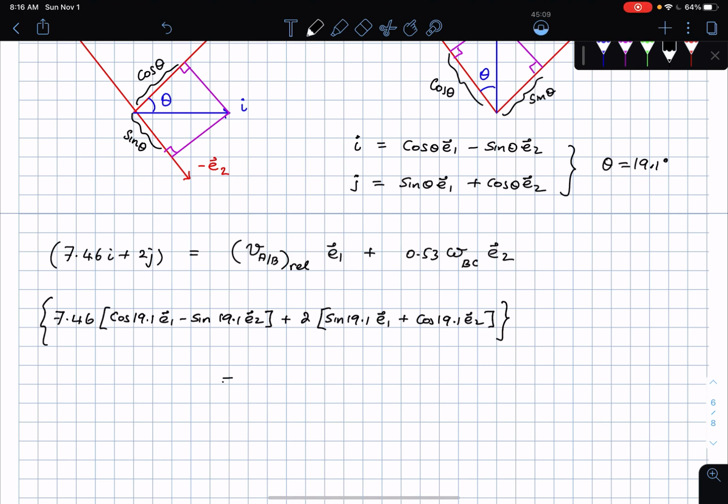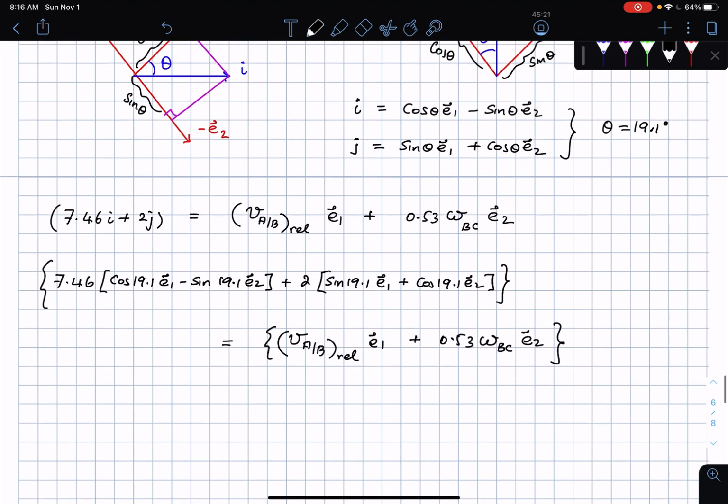This is equal to the right hand side, which is VA/B relative in the E1, 0.53 omega BC in the E2 direction.